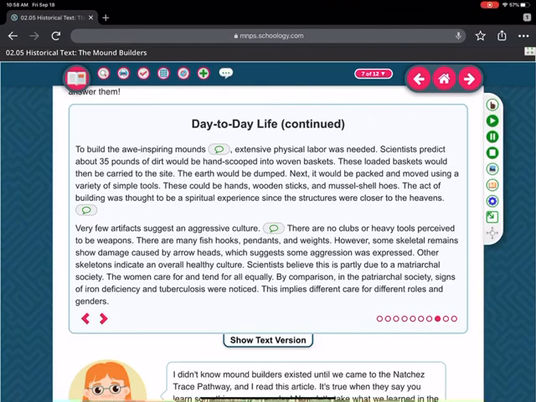Scientists believe this is partly due to a matriarchal society. The women care for and tend to all equally. By comparison, in the patriarchal society, signs of iron deficiency and tuberculosis were noticed. This implies different care for different roles and genders.